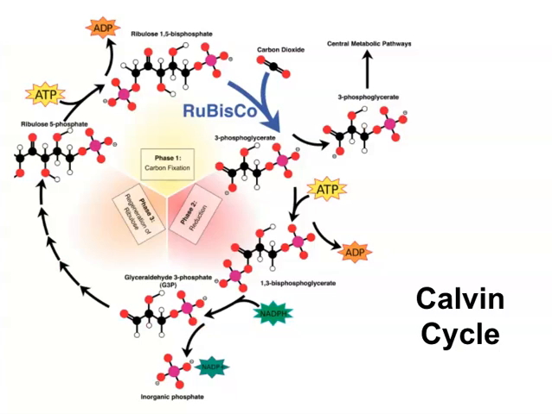Another example of this is this diagram of the Calvin cycle, where this 5-carbon molecule, this is our RuBP, is going to have energy from ATP and ADP come in and be utilized to break it apart, adding our carbon from CO2, resulting in these 2 3-carbon molecules.